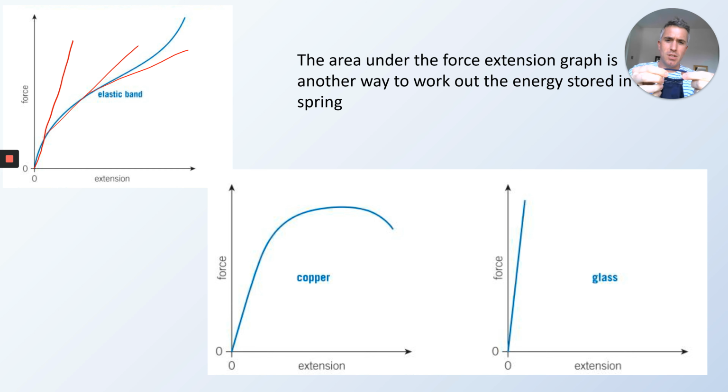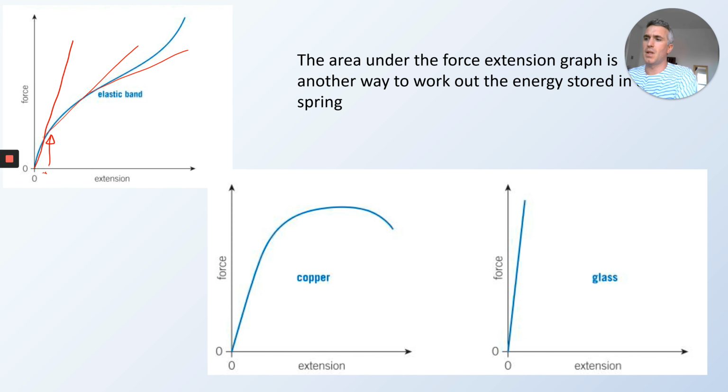At the start, with your elastic, it takes a while to get it going. Once you've started stretching it, it stretches quite easily. And then at the end, it gets to a point where you can't stretch it any further. That's what's happening here. At the start, there's quite a lot of force but not much extension, so it's quite stiff.